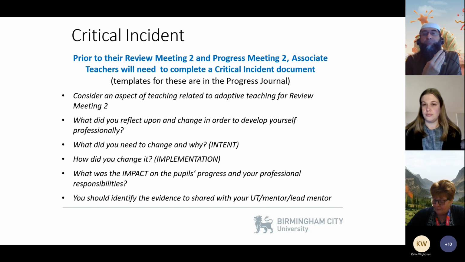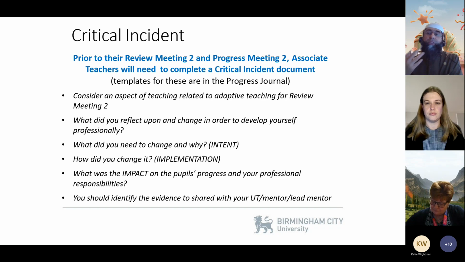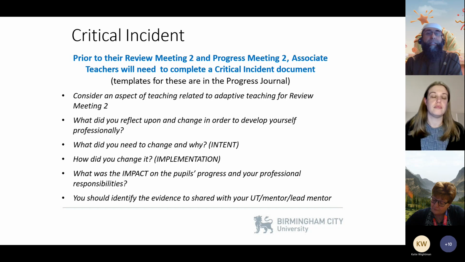It could be something related to pedagogy, the curriculum, working with parents, working in the playground, anything to do with what happens in school life. We have suggested to them that for review meeting 2, they should focus on adaptive teaching as a suggestion. And for progress meeting 2, they can choose any other incident they want.